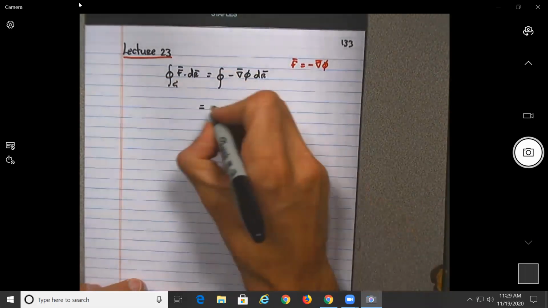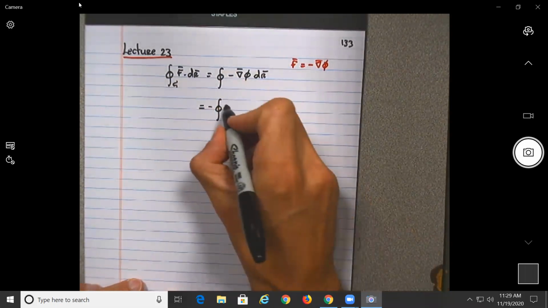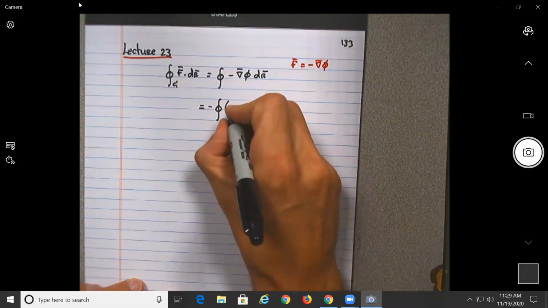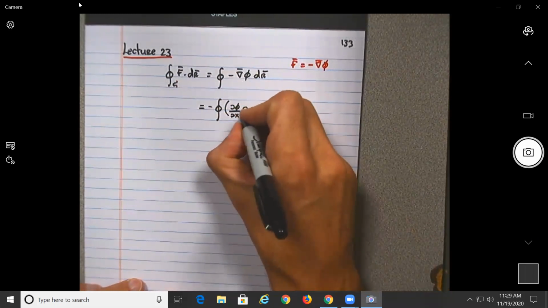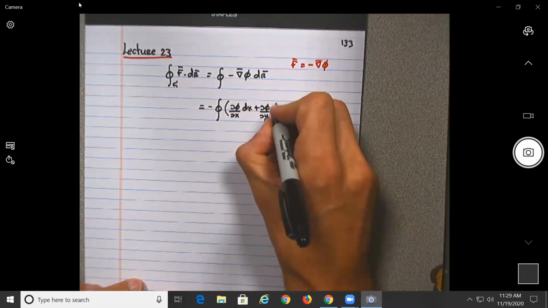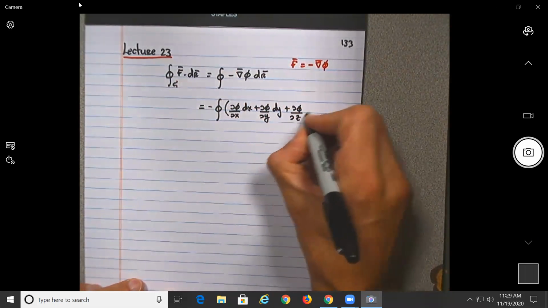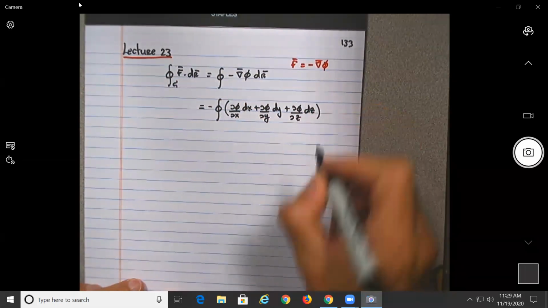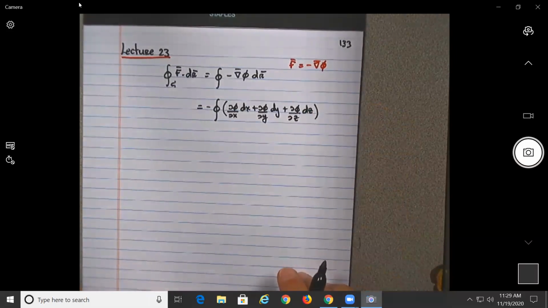What does that mean? This will be equal to minus the integral of the contour through what? What is the definition of this? It will be partial of phi partial x dx plus partial of phi partial y dy plus partial of phi partial z dz. Okay?